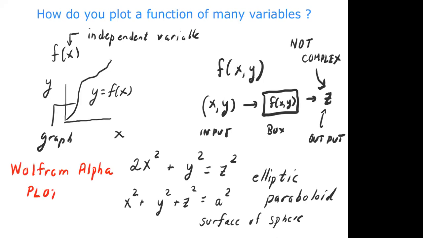And this will allow you to plot functions of several variables, let's say a function of 2 variables. For the case of a function of a single variable, you get a graph. For functions of 2 independent variables, you get a surface.